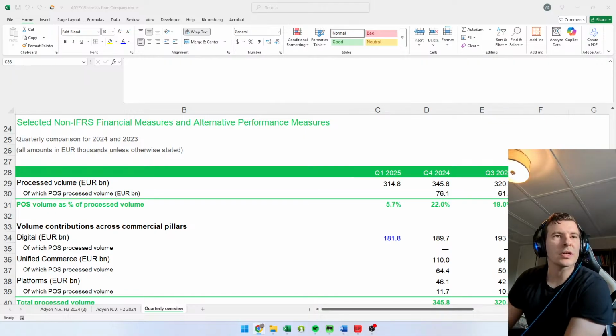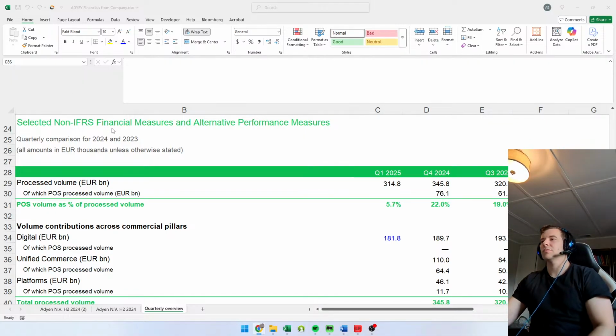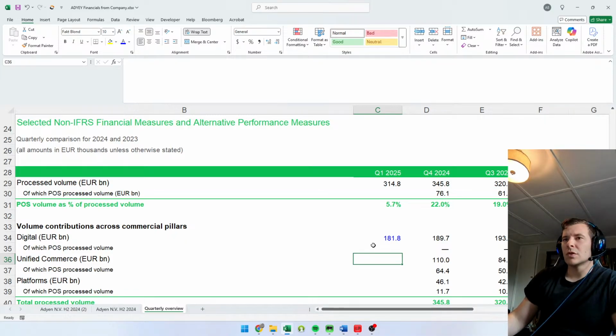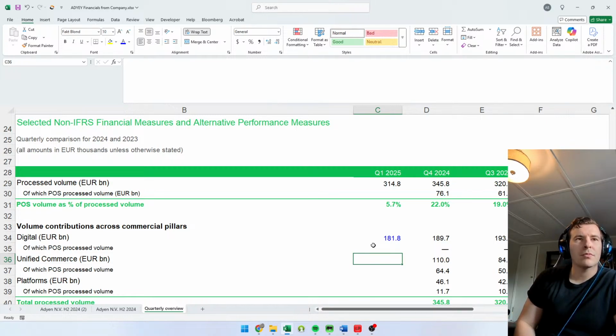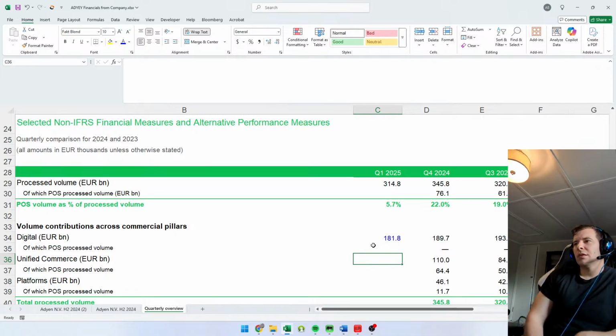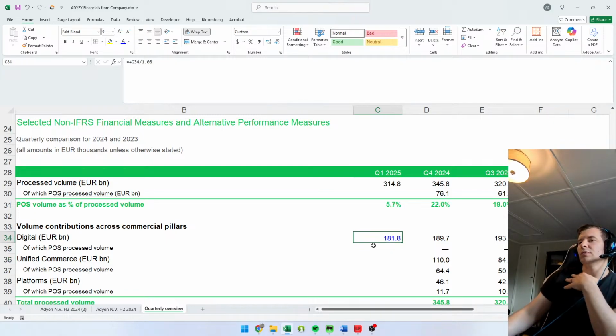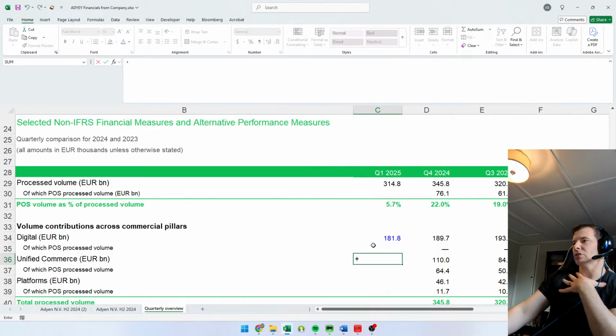Where else does it say? Process volume. Volume contributions. I believe processed volume. Yeah, processed volume must be all volume, and it's not the point of sale processed volume because they have it for digital, and obviously digital does not have a point of sale attached to it.